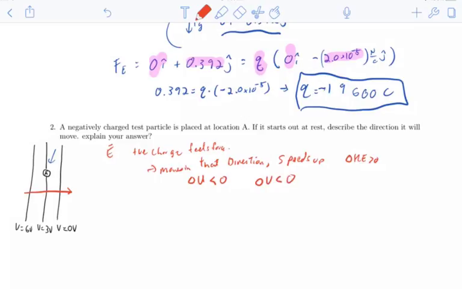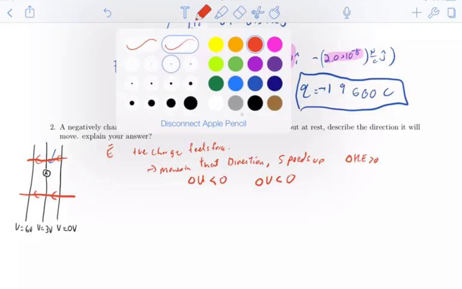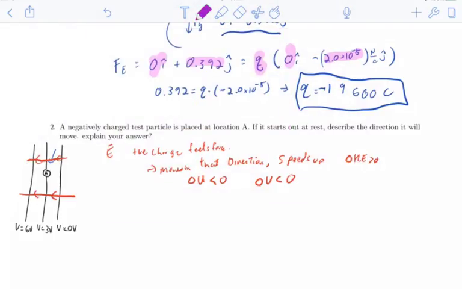So electric field lines point in the direction of decreasing V. So the electric field lines must be pointed this way. Alternatively, I told you in class what the relationship here was. And so from an argument we talked about in class, a positive charge is going to feel a force to the left, and so a negative charge, wait, hold on.